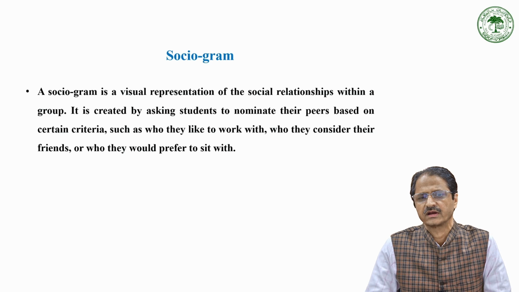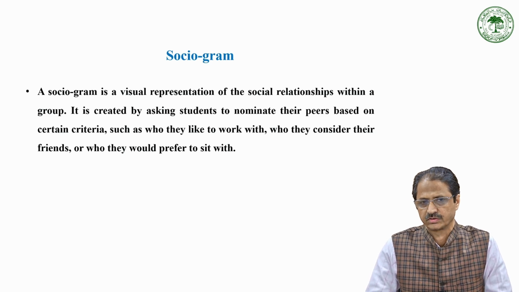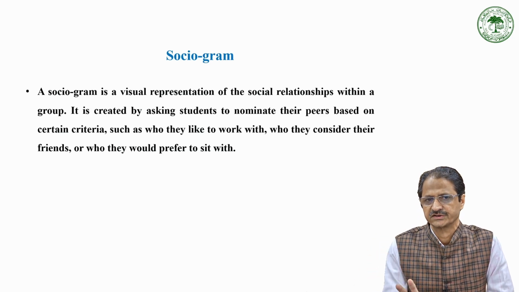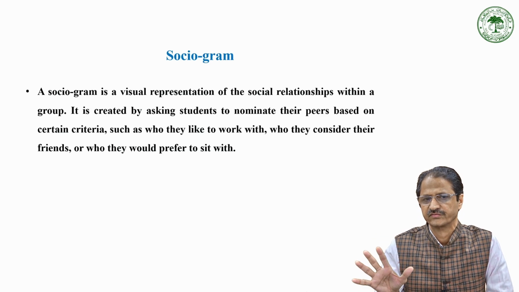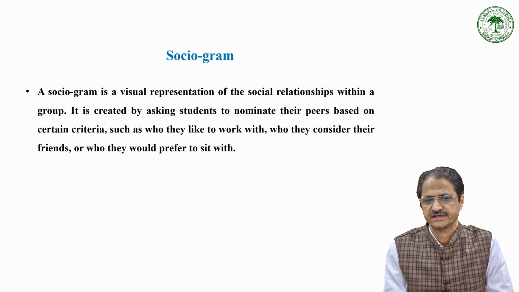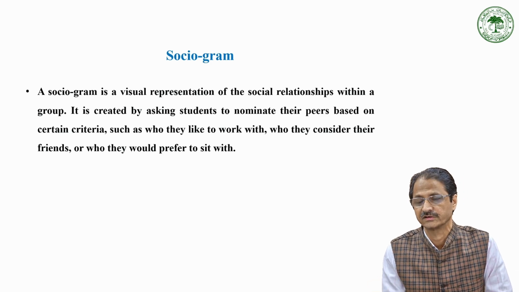A sociogram is a visual representation of the social relationships within a group. Visually, we can identify the type of relationship present among the members of any group or any class. It is created by asking students to nominate their peers based on certain criteria, certain tasks, such as who they like to work with, who they consider their friends, or who they would prefer to sit with.